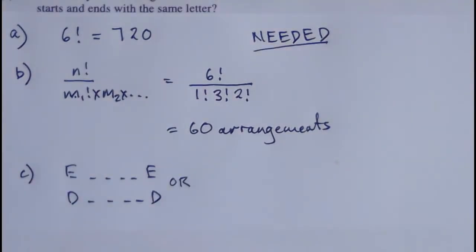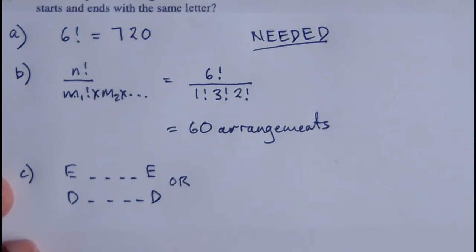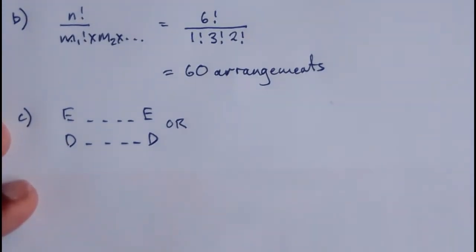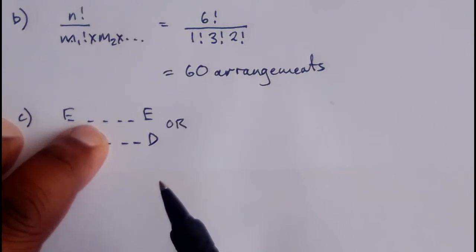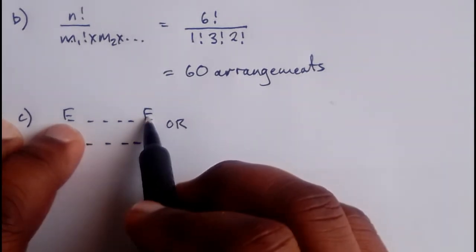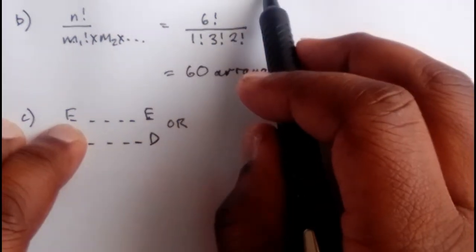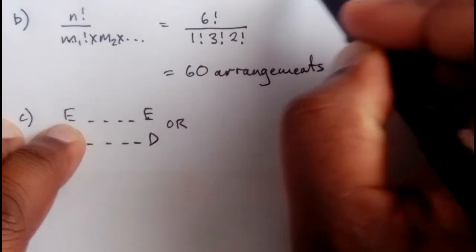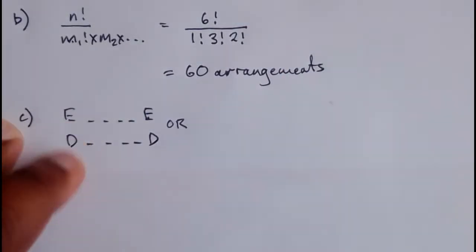Remember, these events are independent, so whenever we have or, we can just add, and whenever we have and, we can just multiply, because these are mutually exclusive events. These are things that can't happen at the same time. So how many arrangements are we going to get? If I start with E and end with E, that means I've already taken 2 out, so I'm left with 1, 2, 3, 4 there.